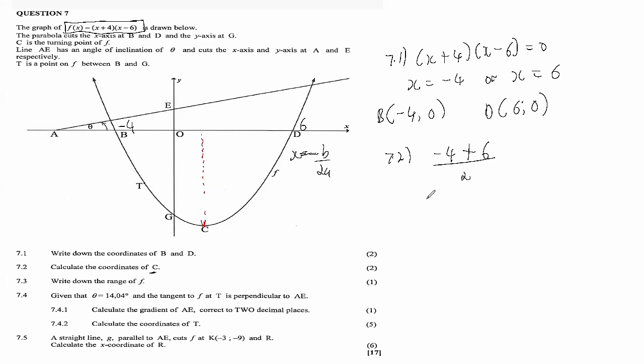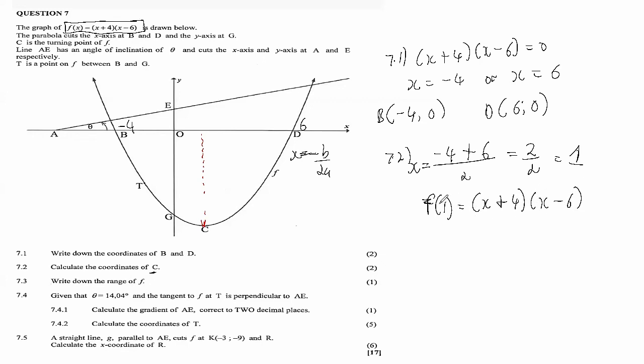If we do the method there, this gives us negative 4 plus 6, that's 2, divided by 2 is 1. Now that we have our x-coordinate as 1, we take that x-coordinate and substitute it into the original equation, x plus 4 and then x minus 6.